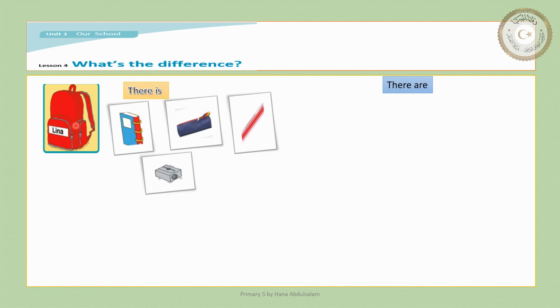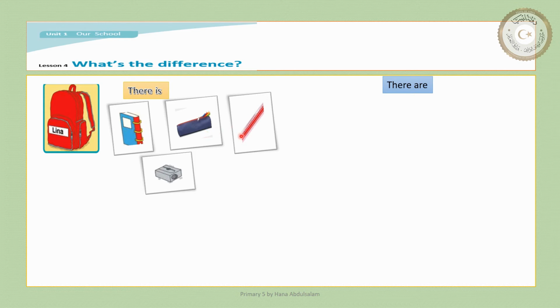So what's the question? What is it in the bag? Can all of you say this question? What is it in the bag? Muhammad, there is a notebook. What is it in the bag? There is a pencil case.